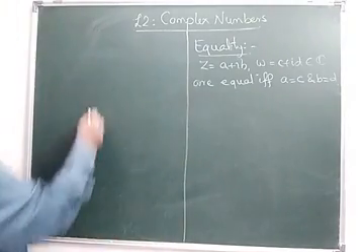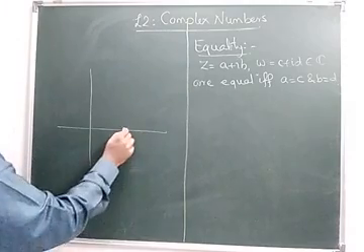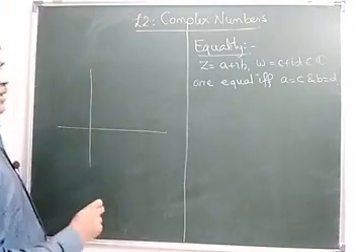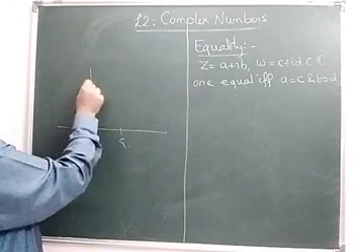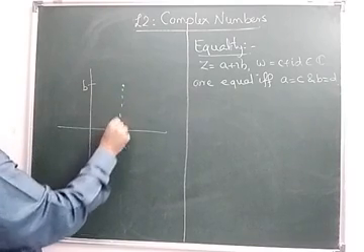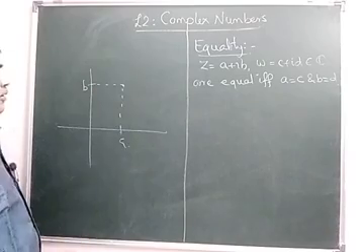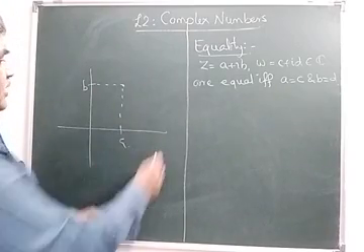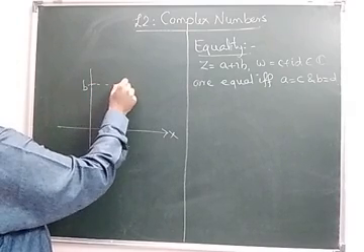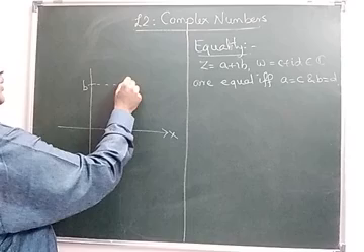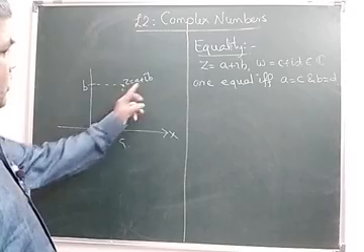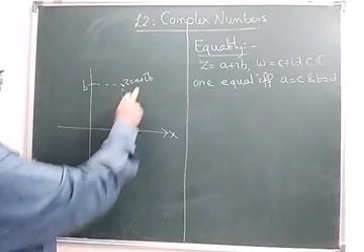Now actually a complex number A plus iB is described by two real numbers, A and B. If I draw a perpendicular on the x-axis through A and a perpendicular on the y-axis through B, then the intersection point of those two lines is nothing but the complex number A plus iB.